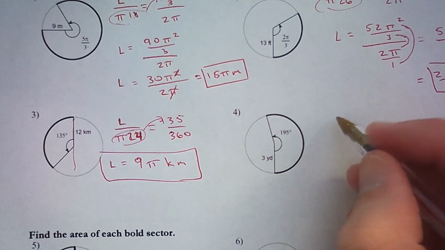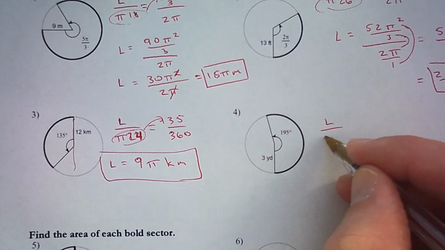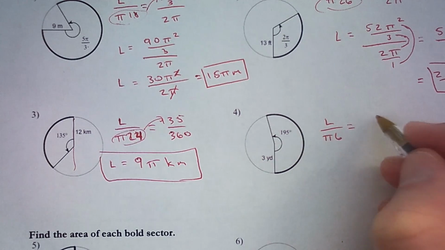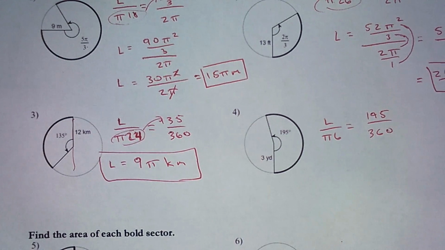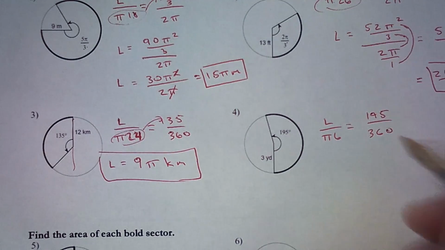And here's another one in degrees. So my arc length is 2 pi times diameter, pi times 6, as my degrees, 195, is to 360. Again, degrees, 360, radians, 2 pi.